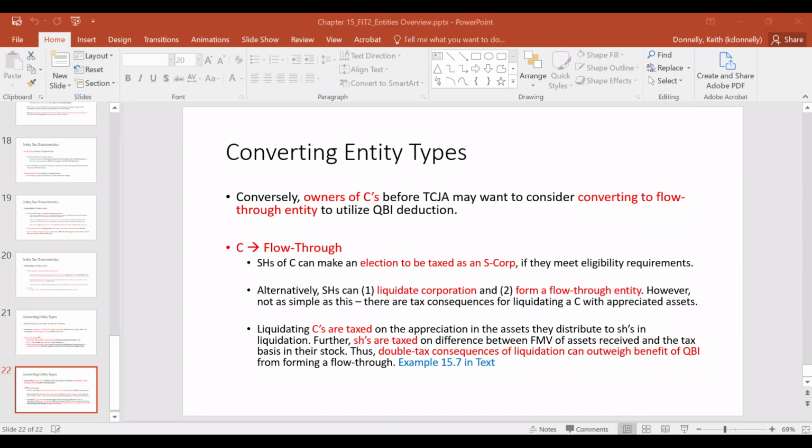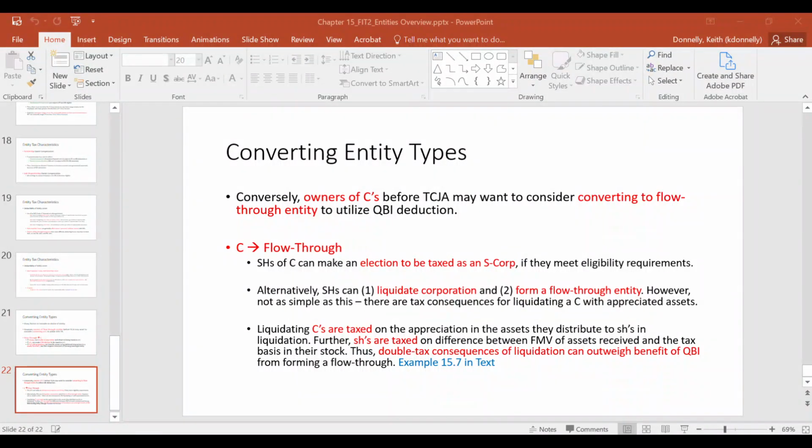Continuing here. So maybe you're a corporation who wants to convert to a flow-through entity. Maybe you say, hey, I like that QBI deduction. How can I take advantage of that? Well, in this case, you have basically two different options. One of the things you can do is, assuming you meet the qualifications, you're taxed as a corporation, make that election to be taxed as an S Corp.